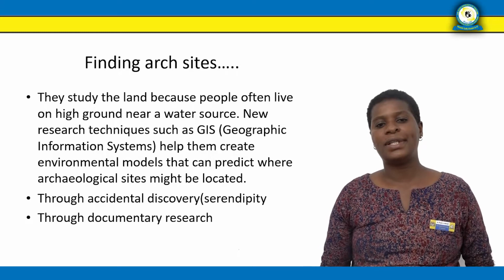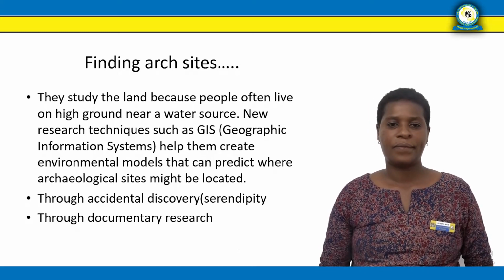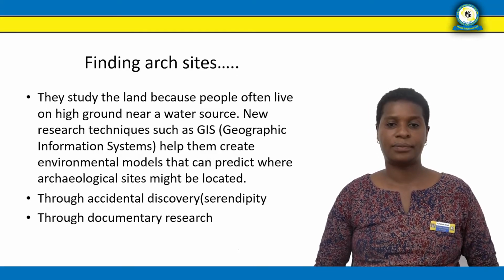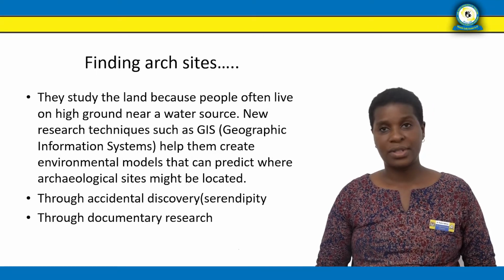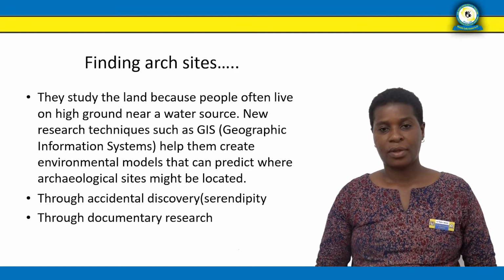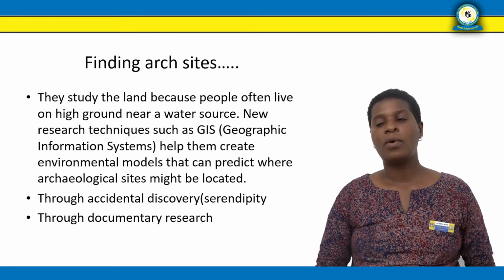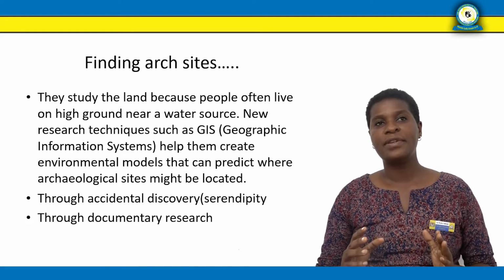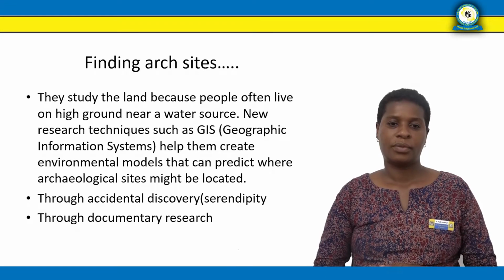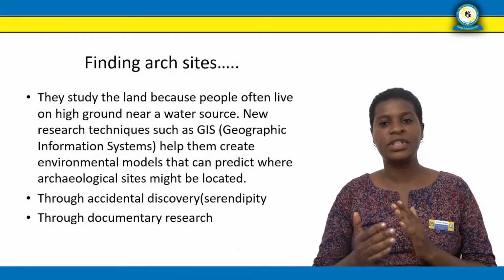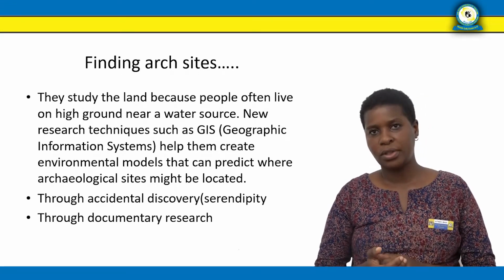Another way of finding a site is through studying the land. They say people often live in places where they know they can get their necessities, for instance, near water bodies or water sources.